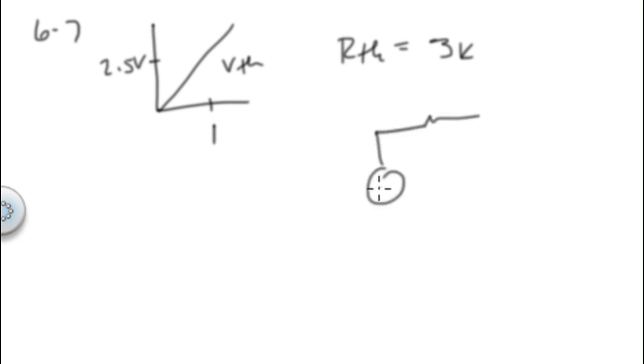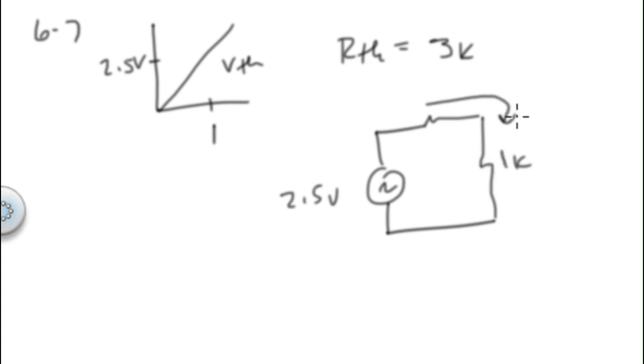So we now have 3K. We have our variable supply, and then we have 1K out here. So at 1 second we have 2.5 volts, and we have 4K. So what would be the current at 1 second? 2.5 divided by 4 is equal to 0.625 milliamps.